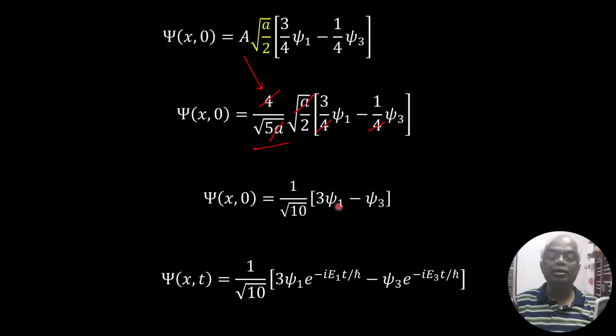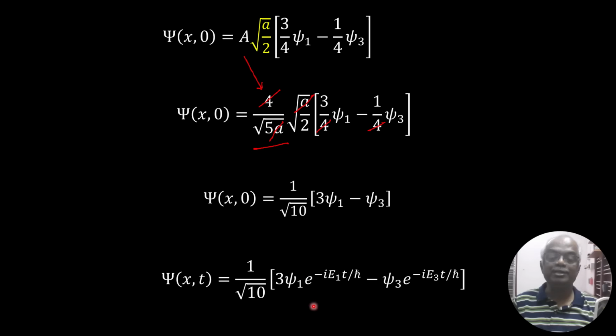Here, 3 psi 1 minus psi 3. This is the normalized wave function, which is a linear combination of psi 1 and psi 3. Now, what about the time dependent wave function? For this you multiply by the phase factor.